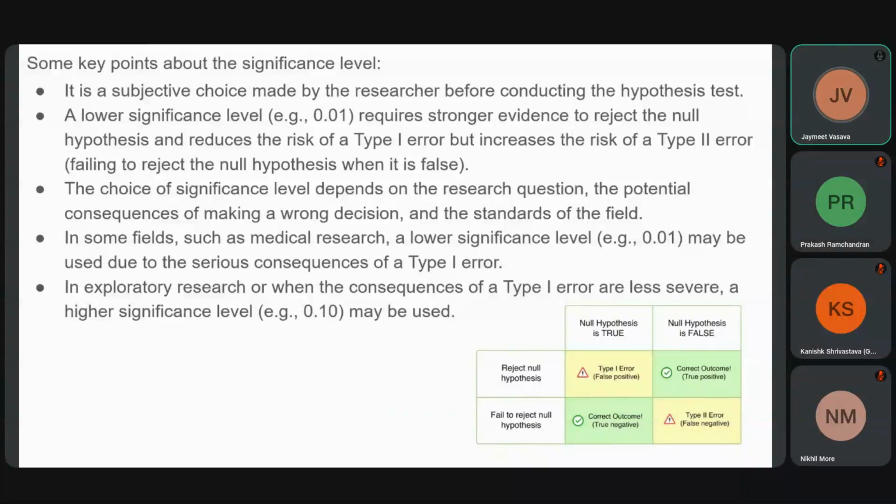The choice of significance level depends on the research question, the potential consequences of making a wrong decision, and the standards of the field. In some fields, such as medical research, a lower significance level like 0.01 may be used due to the serious consequences of type 1 error. In exploratory research, or when the consequences of type 1 error are less severe, a higher significance level like 0.10 can also be used.